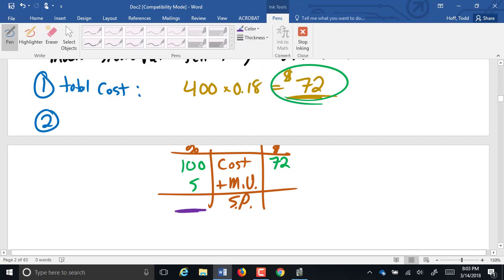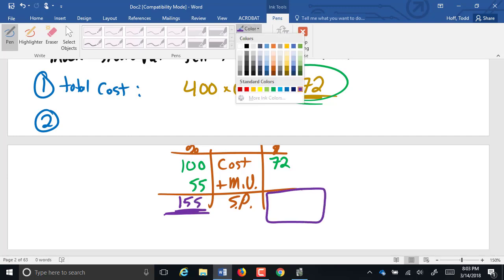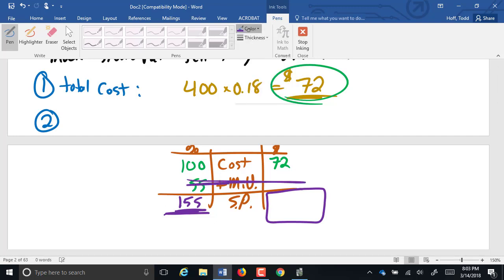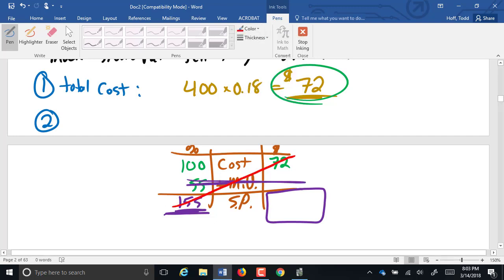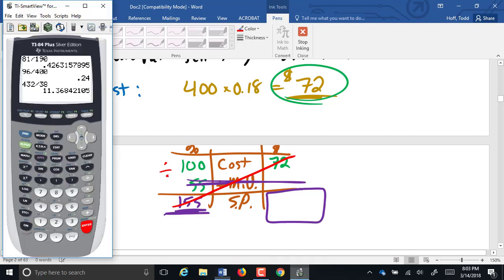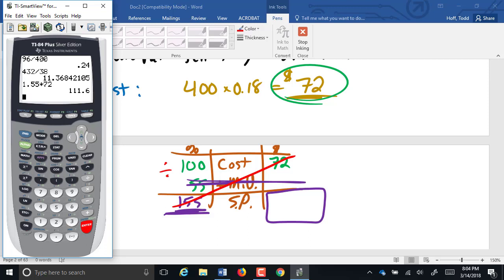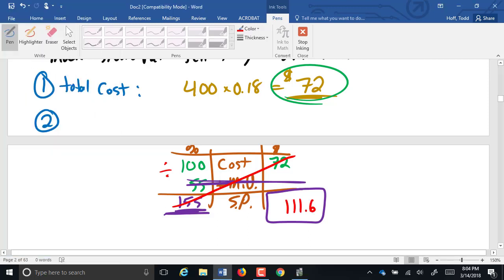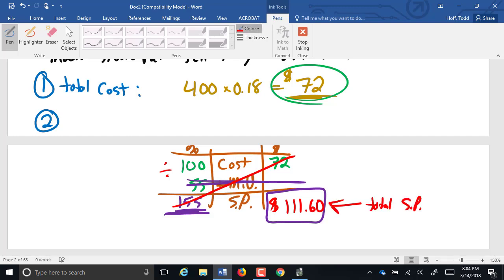Sorry about the disappearing numbers. And we're looking for this total selling price, so we don't need the middle row. 155 times 72 divided by 100 gives us 111.60. Very good. $111.60 is our total required selling price.